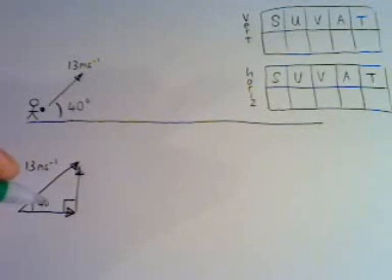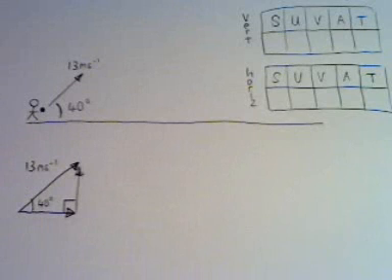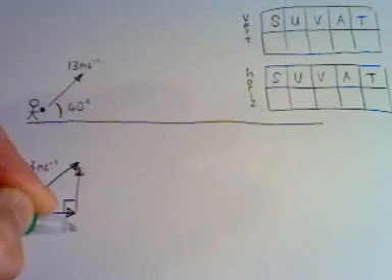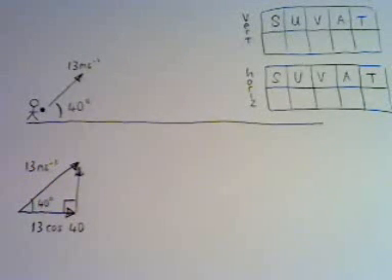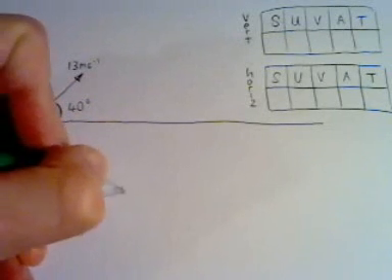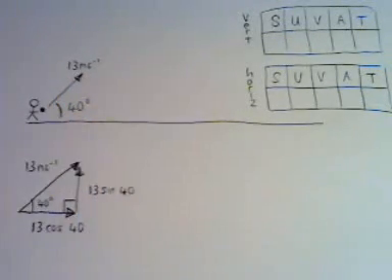And since we have our angle there of 40 degrees, we can use some trigonometry. Now, if you think about it carefully, the horizontal component will be 13 cos 40 and the vertical component will be 13 sin 40.